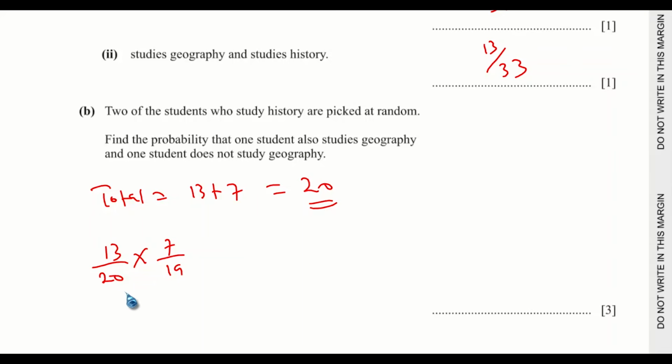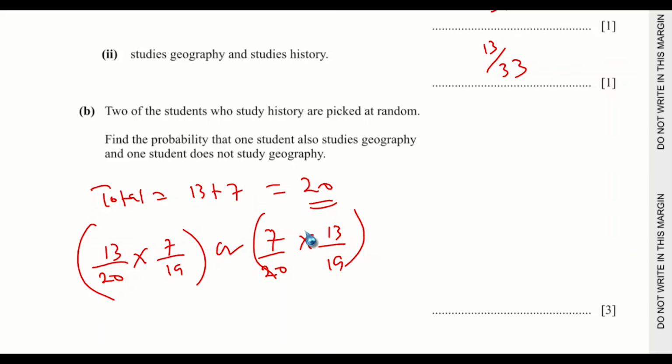It can also be the other way around: 7 out of 20 first, and then 13 out of 19 next.